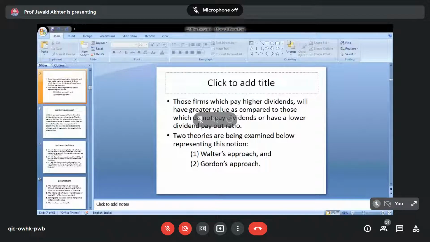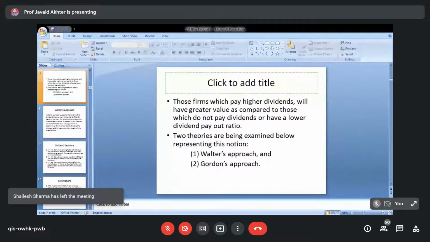It will have to resort to external liability for financing new projects or for expansion or for growth. So once again, if it pays, it has consequences. If it does not pay, it has consequences. Suppose it pays, it has lesser retained earnings, and for growth and financing, it will rely on external financing or debt financing, isn't it?